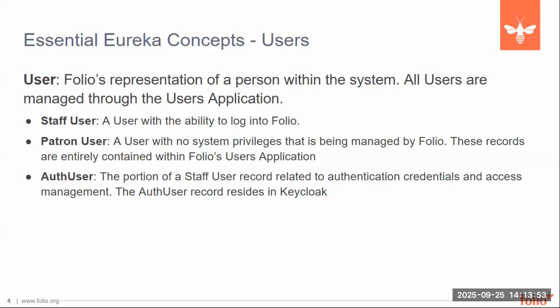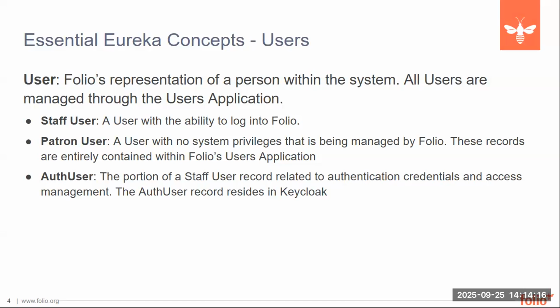With Eureka, we introduced the concept of the auth user. If you imagine the record of a user in Folio, some of the information is personal, and some of it is there for the purposes of authorization to the system. That's where your password is going to be kept, but your email address is not relevant, et cetera.